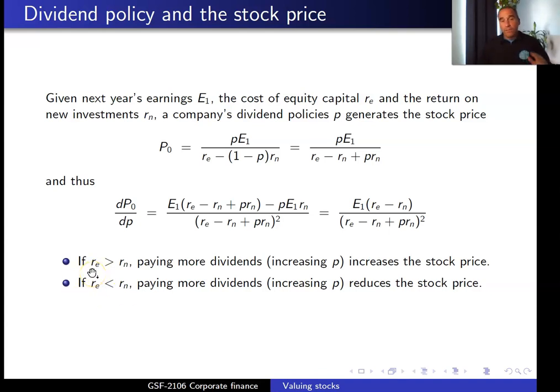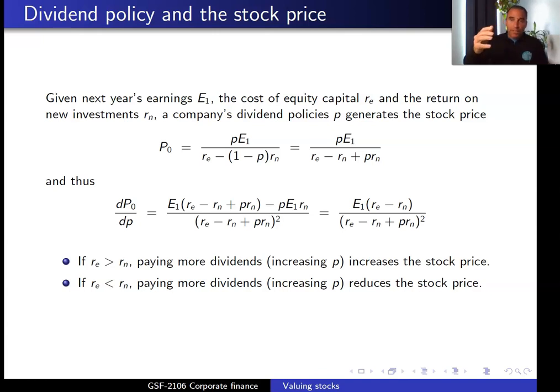So we have investors here with, for example, a desired return of 12%. If what the company can do with its money is less than 12%, if the new projects available to the company provide returns of, say, 9%, investors prefer receiving the money as dividends so that they can invest these dividends in other stocks also returning 12%.